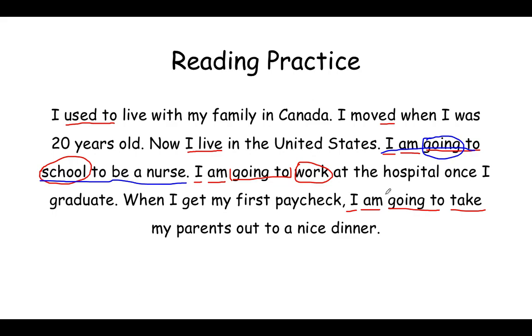The only difference is this one, after going to, it says a noun. And when we're talking about the future tense, after going to, we need a verb, an action word, in the simple present. And that's the difference.